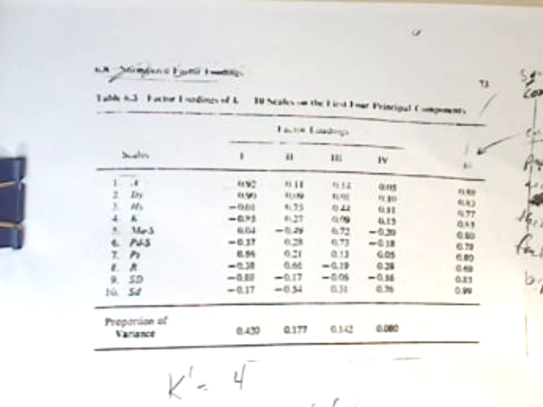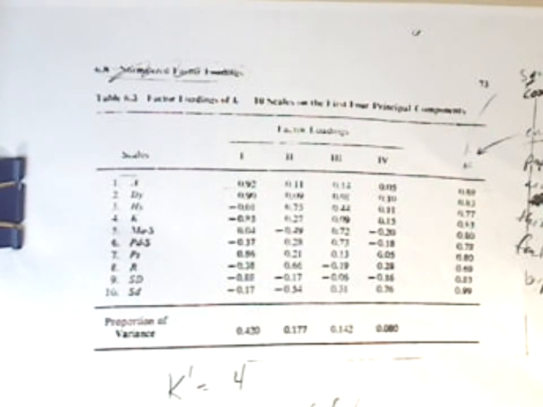Each factor is rotated such that it is related highly to a few variables, scales, or items. The assumption is that simple structure will be obtained by maximizing the zero loadings on factors. So you want something to load high on a particular factor, but also load low on the other factors that you use in your final factor analysis.